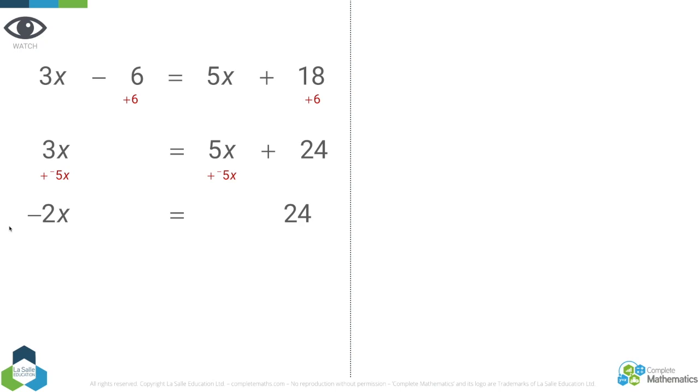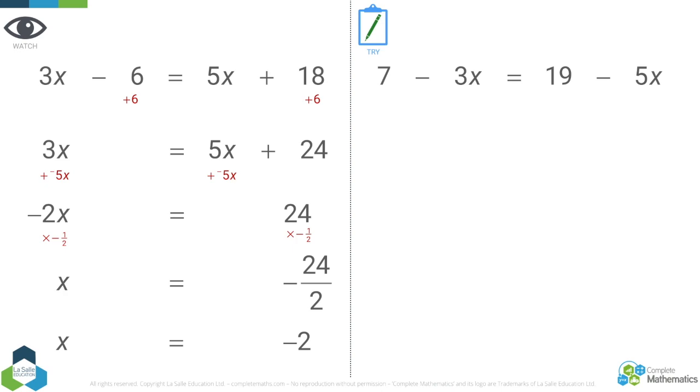But I also want to flip the tiles, if you think about it in that sense, or do the opposite of, which means I multiply by -1/2 to both left and right, which means I now have 1x is equal to -24/2, and performing this simplification of the fraction or division, if you think about it mentally, would leave us with x equals -2.